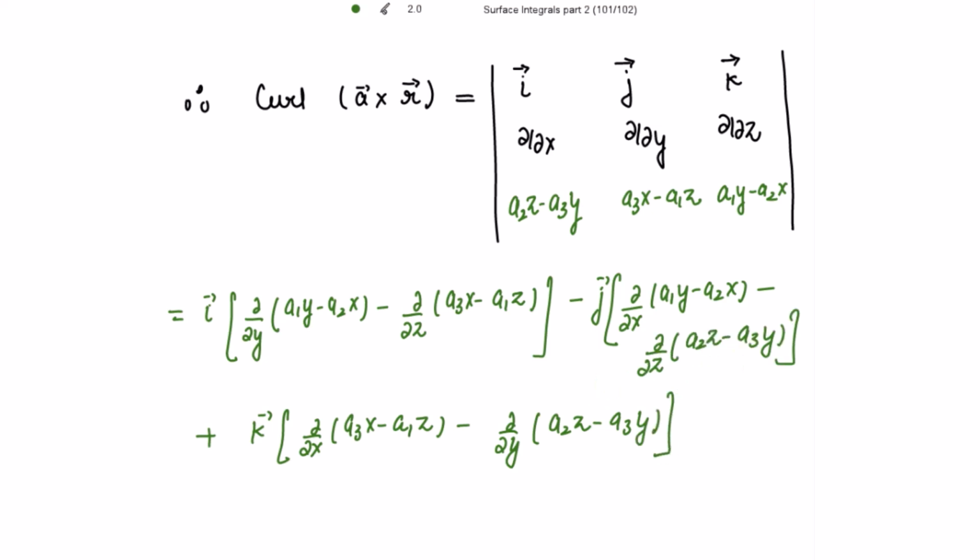Very fine. So this is equal to i vector. Differentiating this with respect to y, we get a1. Minus differentiating this with respect to z, we get minus a1, but there is a minus sign outside of this bracket, so this becomes plus a1. Minus j vector. Differentiating this with respect to x, we get minus a2, and differentiating this with respect to z, we get minus a2.